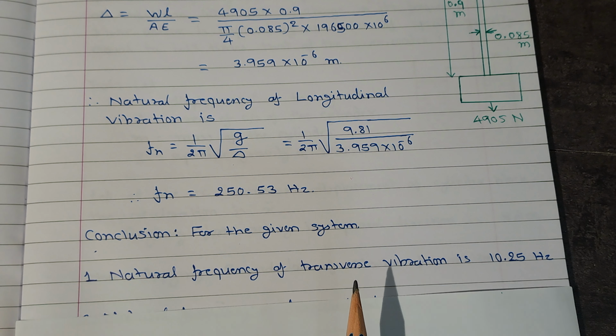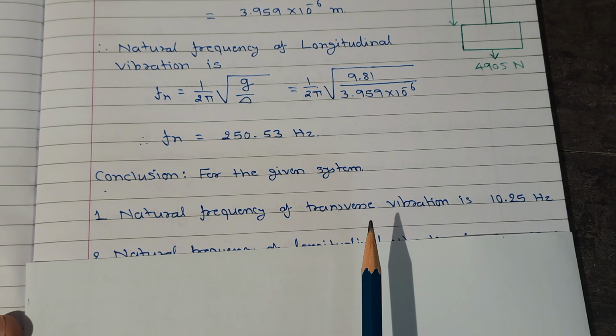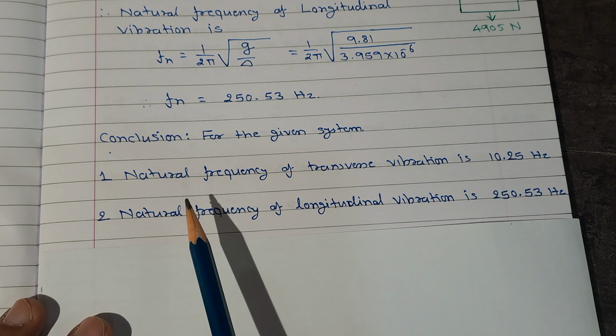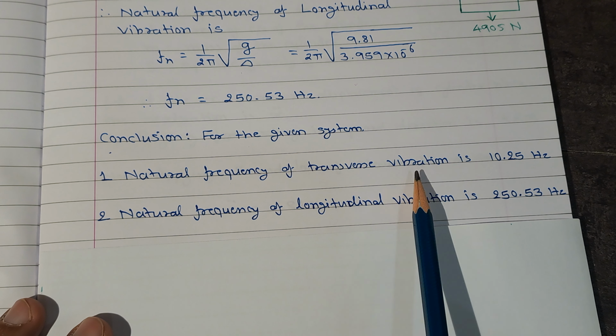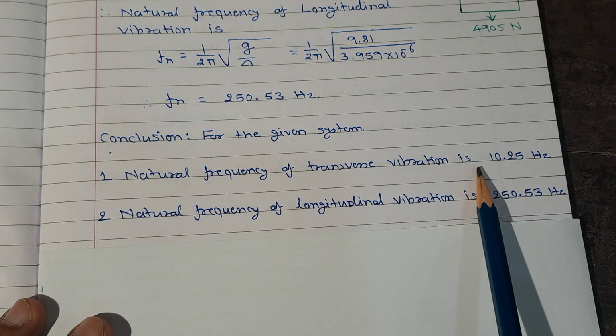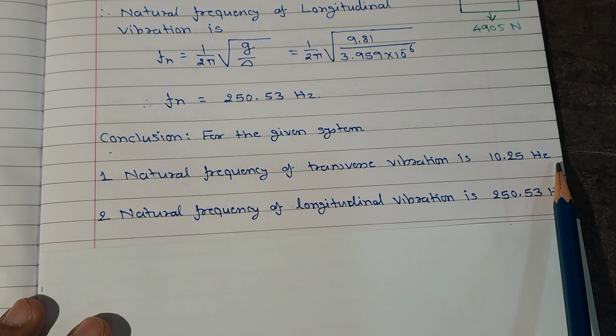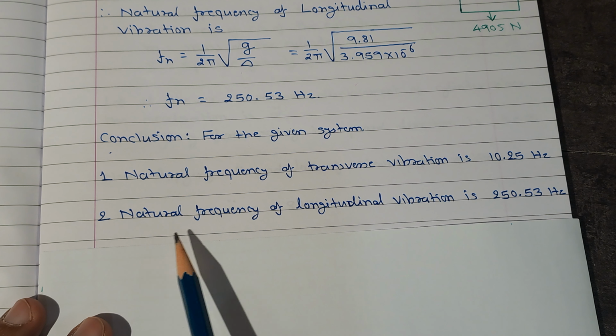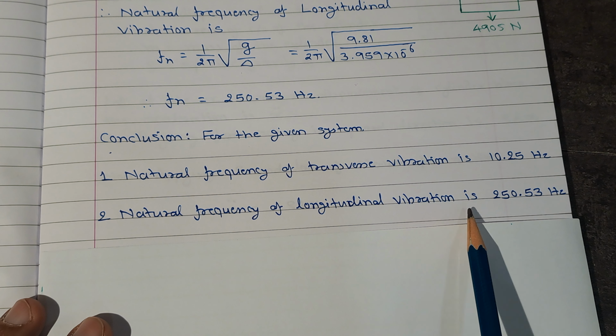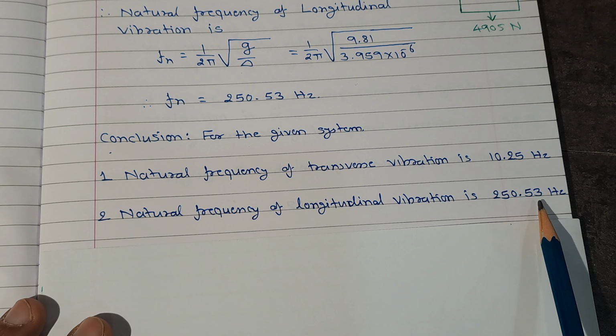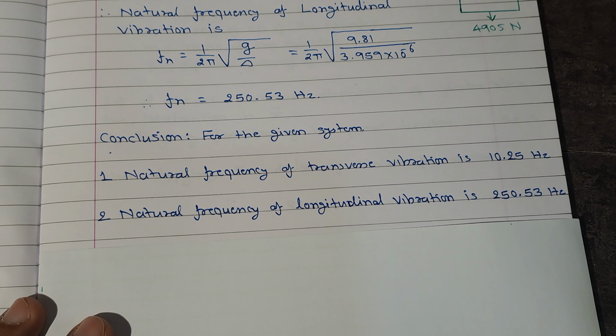So friends, we can conclude at the end that the natural frequency of transverse vibration for the given system is 10.25 Hertz and the natural frequency of longitudinal vibration is 250.53 Hertz for the given case.